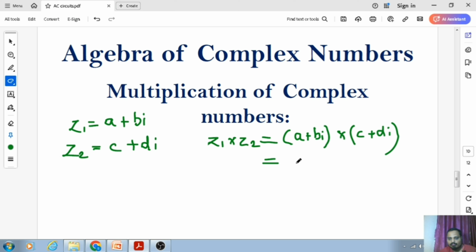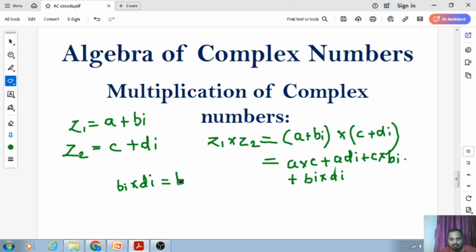First we have a multiplied by c, plus a multiplied by d times i, plus c multiplied by b times i, plus bi multiplied by di, which is b multiplied by d multiplied by i square.